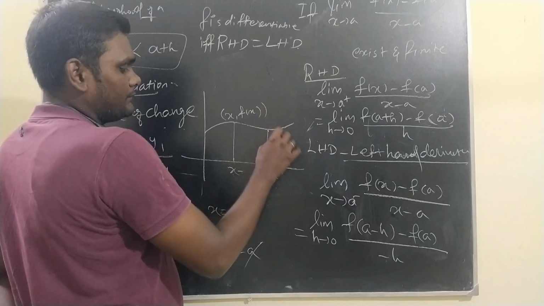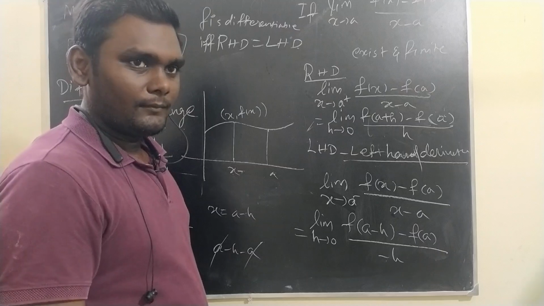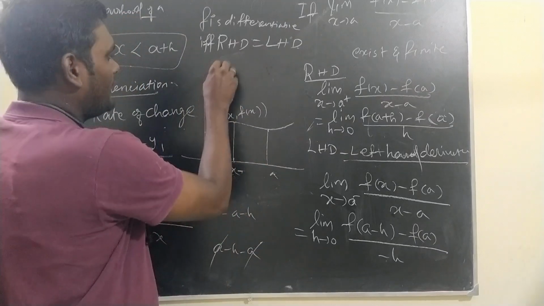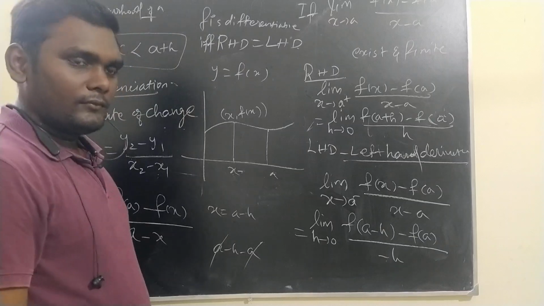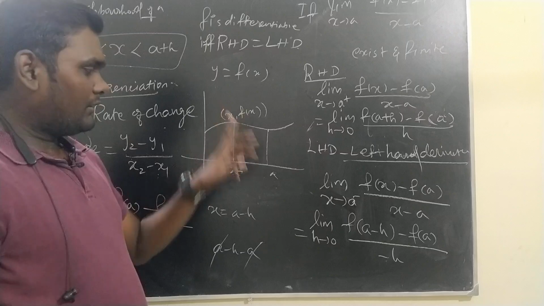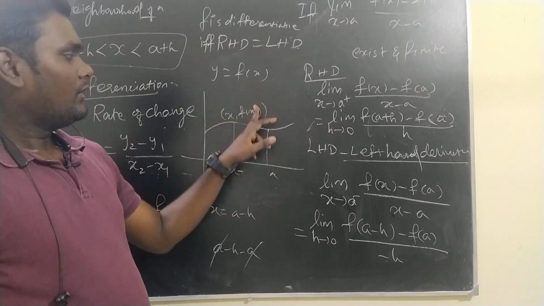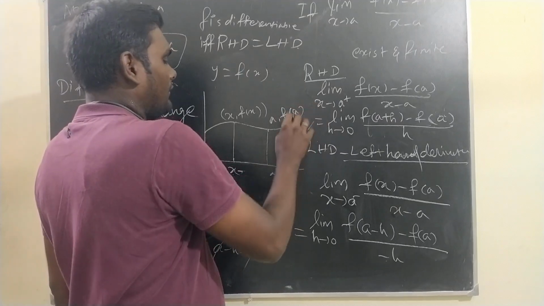And this point A on the curve is f of A. Y equals f of x, is it? When x equals x, it is x comma f of x. When x equals A, y is f of A. So it is A comma f of A.